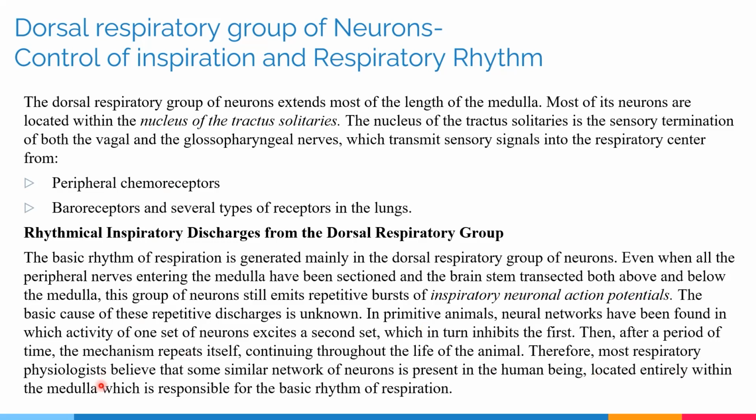Therefore, most respiratory physiologists believe that some similar network of neurons is present in human beings located entirely in the medulla, which is responsible for the basic rhythm of respiration. They believe that it is located entirely within the medulla because obviously if we isolate the medulla from the brainstem, the respiratory discharges still continue, and thus the whole closed feedback loop must be present within the medulla itself.